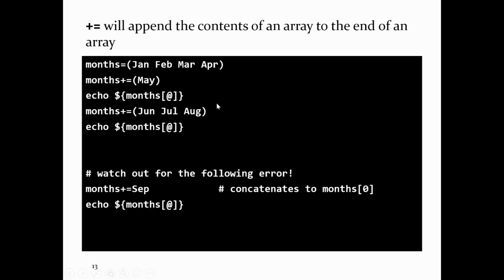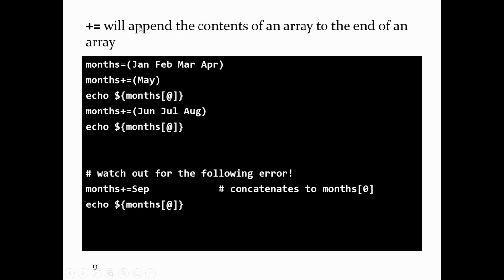Now, the fact that you can use any index you want in an array means you don't really know what an index is at the end of the array. So if you want to append something to the end of the array, the way you do that is with plus equals. So here I have the array months: January, February, March, and April.